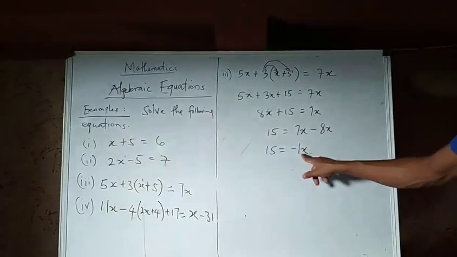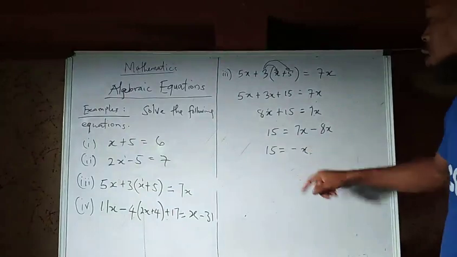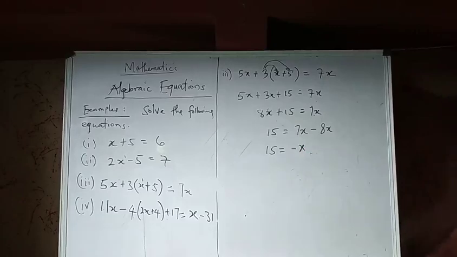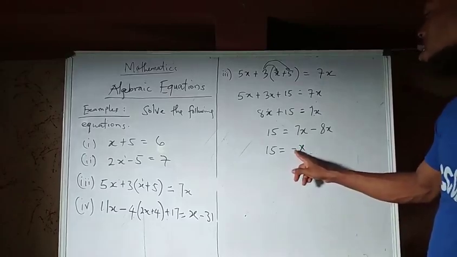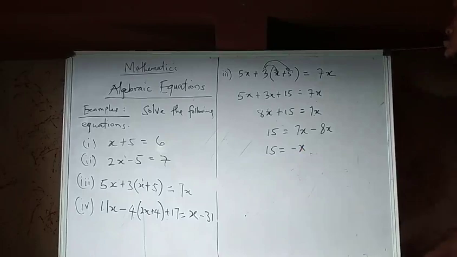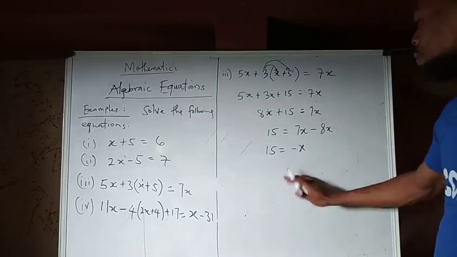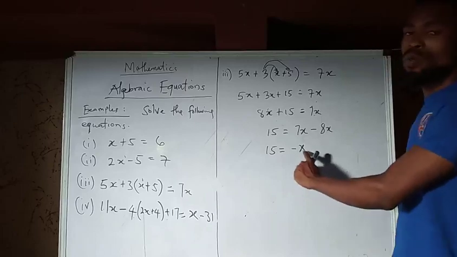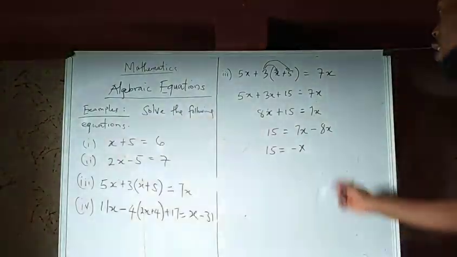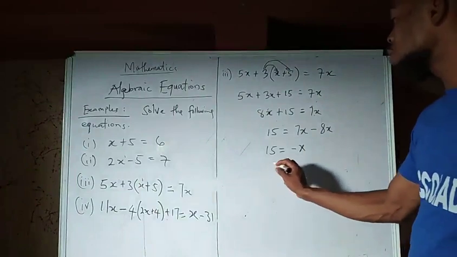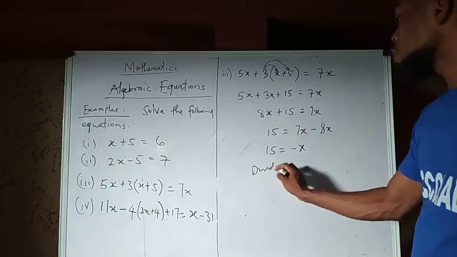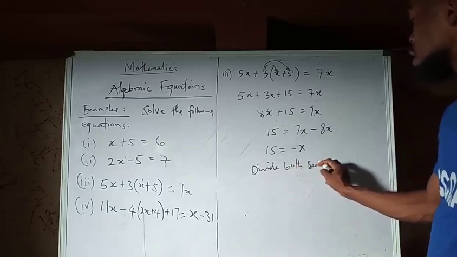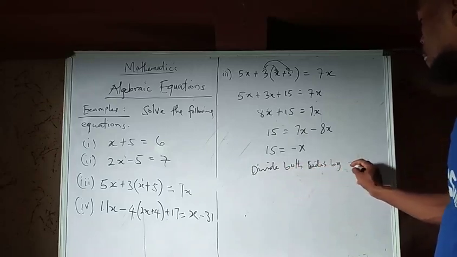That's why it is negative. Normally we don't have to write the 1. Just negative x is enough to tell us that this is minus 1x. Now remember we are looking for x, not minus 1x. So what do we do to get x alone? We divide both sides by minus 1.